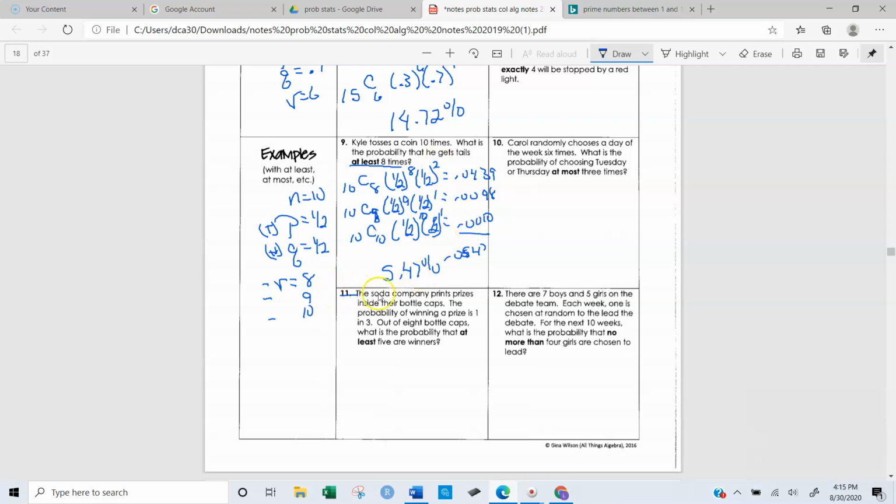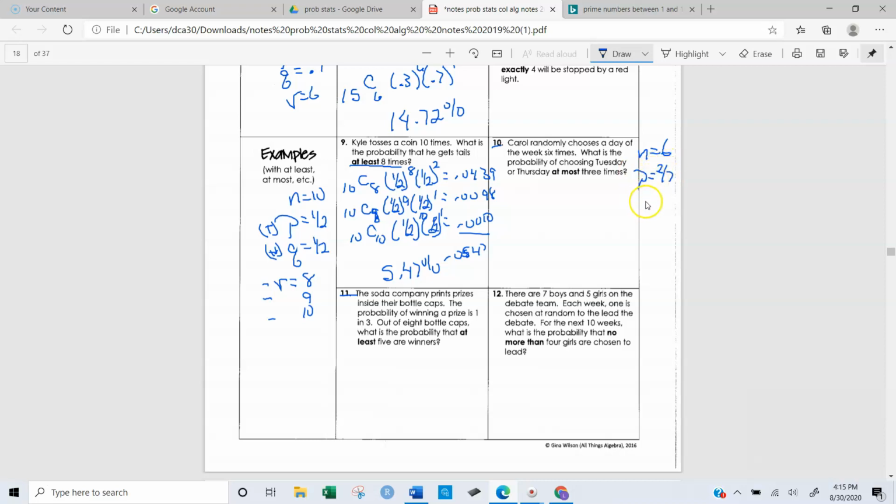I'm going to make you do this one, but I'm going to do number 10 first. Okay, randomly choose a day of the week 6 times. So now we have N equals 6. What is the probability of choosing Tuesday or Thursday? So I have 2 of them are correct. So that's 2 out of 7.